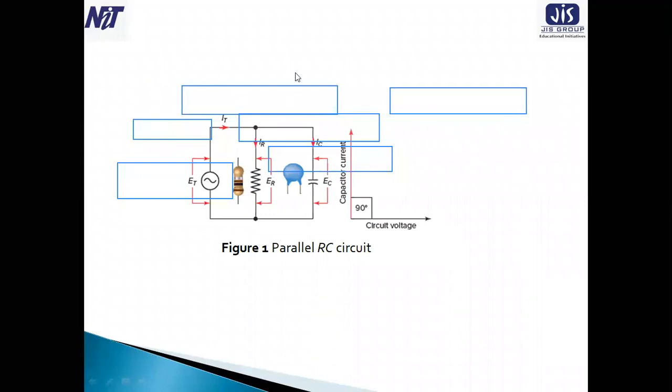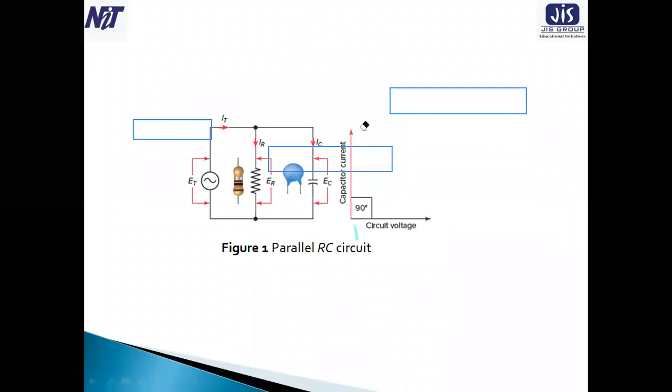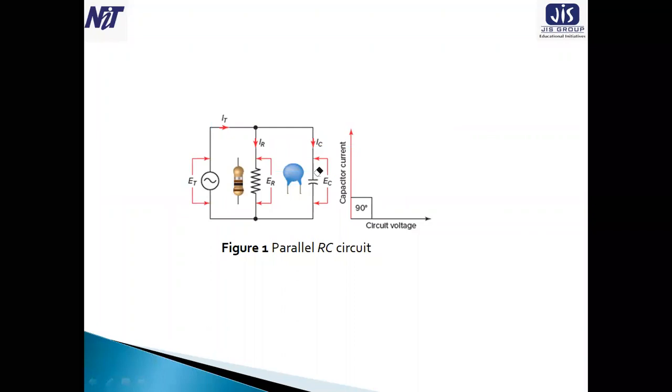Now look, the circuit is given here, the fundamental circuit. First, a voltage source, ET, an AC voltage source. Within a circle there is a sinusoidal symbol, which means it is an AC voltage source. Then a resistance, which in real life looks like this, and this is its symbol.